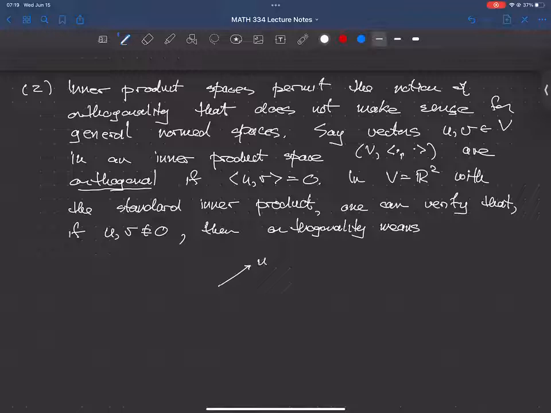Okay, so if I fix u, then I know that v must lie somewhere in that one-dimensional subspace, which is perpendicular or orthogonal to u. That's the 0 vector. Okay, so that's where you can get some intuition about what orthogonality means.